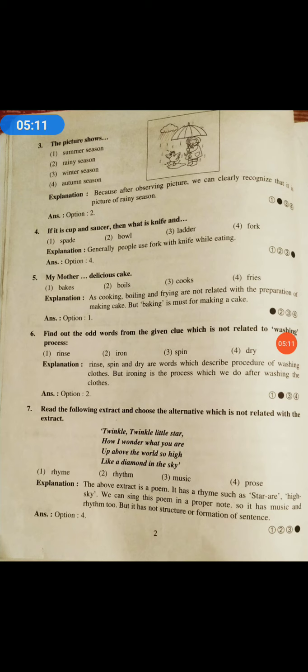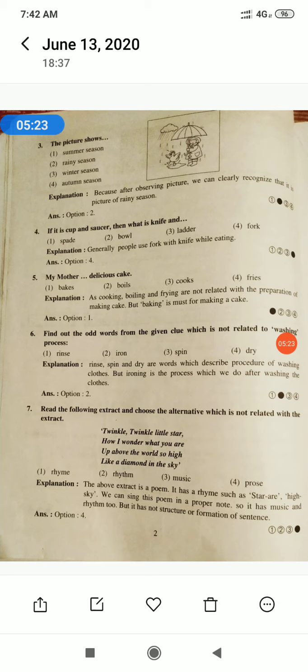Sixth one, find out the odd word from the given clue which is not related to the washing process. See, first option, rinse, iron, spin, dry. The one not related to the washing process is iron, because rinse, spin and dry are words which describe the procedure of washing clothes, but ironing is the process which we do after washing the clothes.